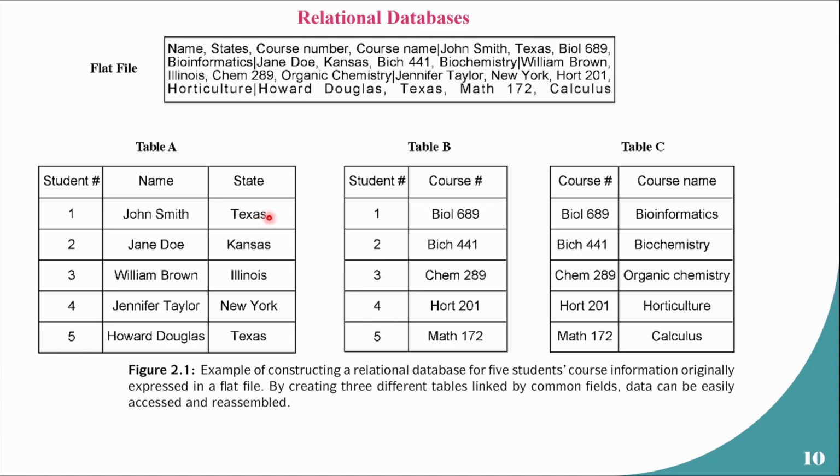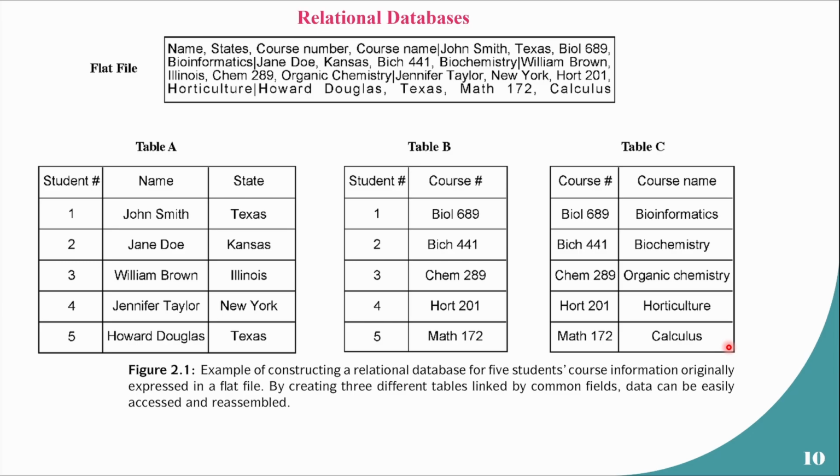So from the state of Texas, let's say students 1 and 5 are taking courses, right? And then it will look in table B for what courses students 1 and 5 are taking. Now, when it gets the course code, then it will search for the course name, right? So math 172 and then biology 689. And then it will get the information: calculus and bioinformatics.